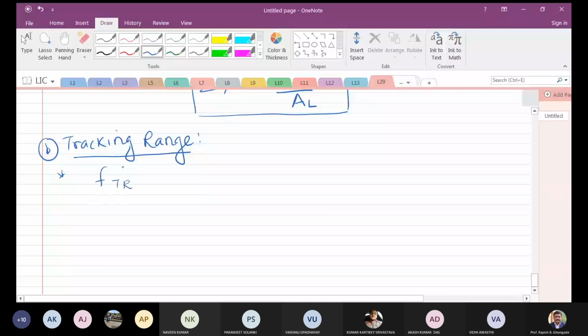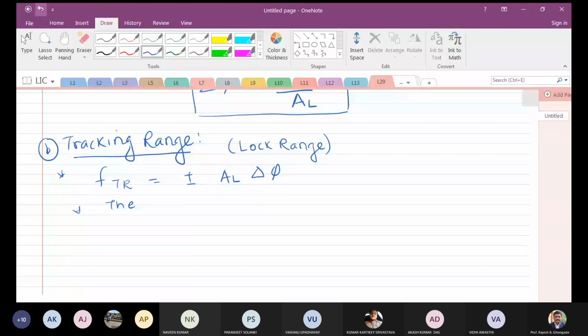Okay, so this also is sometimes called lock range. And this tracking range is given as plus minus KL into delta phi. So the maximum and minimum, just a moment.